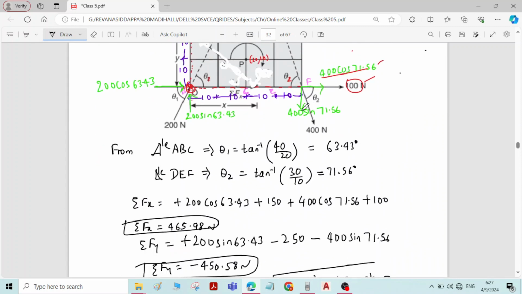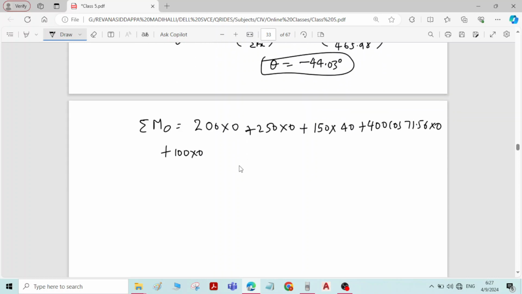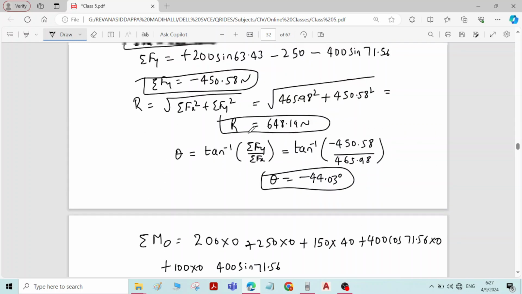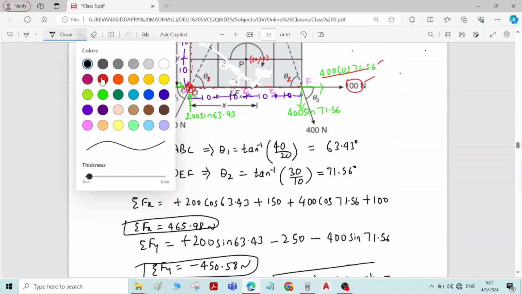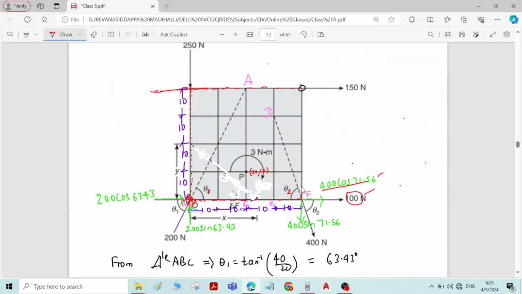Now you take the vertical component of 400 Newton, that is 400 sine 71.56. This is the line of action. The force is vertical, so the distance should be horizontal.